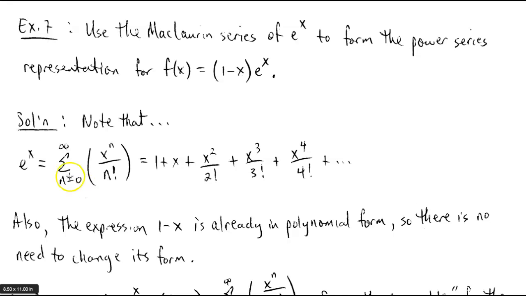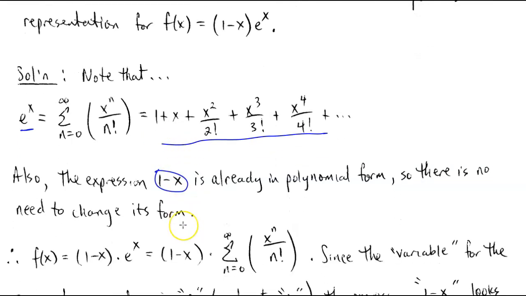Okay, so of course, we know that e to the x can be represented as the Maclaurin series of x raised to the n divided by n factorial, summation of that from n equals 0 to infinity. Of course, this is what it looks like whenever we list that out. And so here we also know that 1 minus x is already a polynomial, so we don't need to change that.